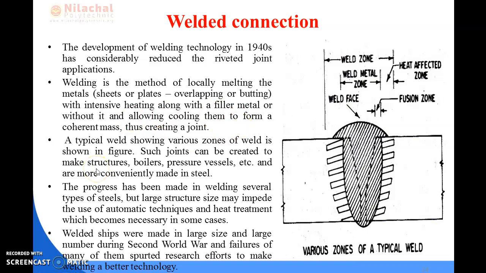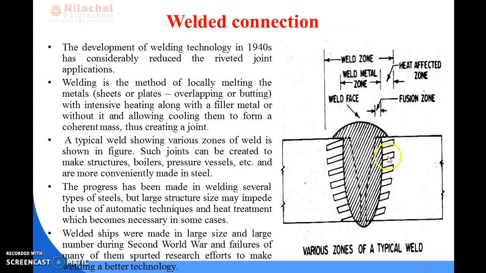And after that, a typical weld showing various zones of weld is shown in the figure. Such joints can be created to make structures, boilers, pressure vessels, etc. and are more conveniently made in steel.